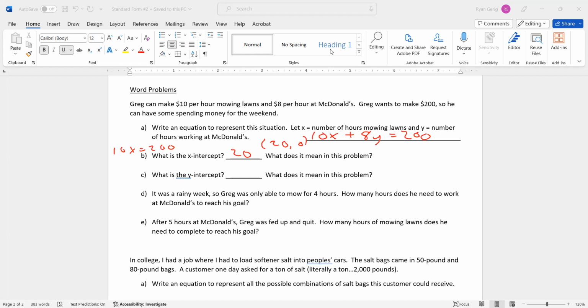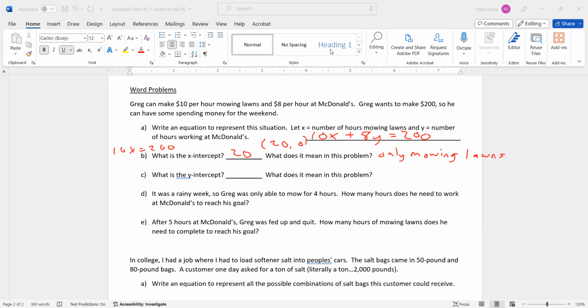So what does it mean in this problem? That would be what it would take working only by mowing lawns. Make sure you heard what I said, though, the whole thing. What does it mean in this problem? It's what he would need to meet his goal of $200 by only mowing lawns.